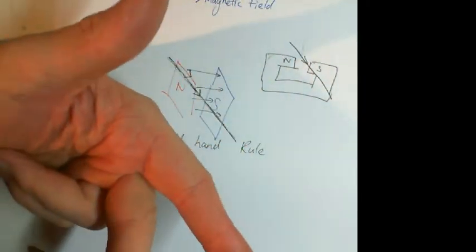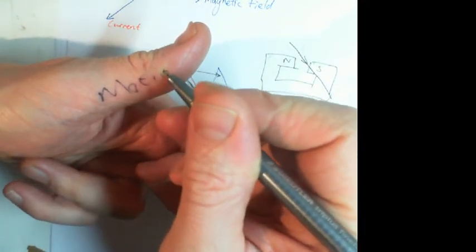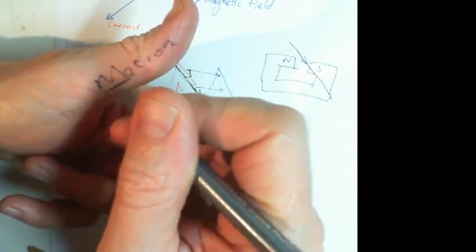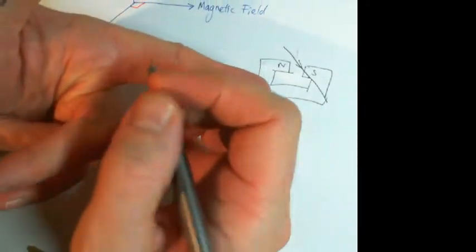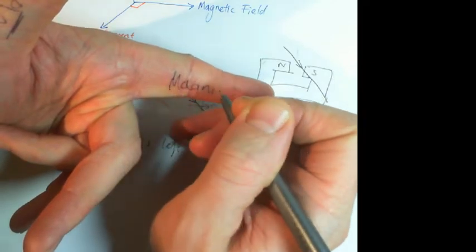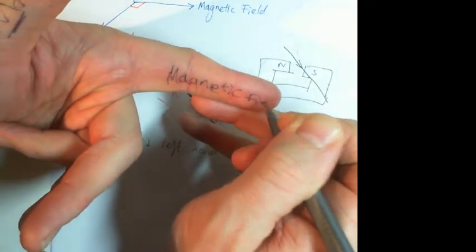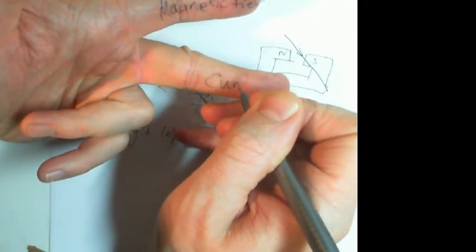Then the motion is your thumb, and thumb has got an M in it, so that's why you use that one. Then your first finger is going to be the magnetic field, and your second finger is going to be your current.